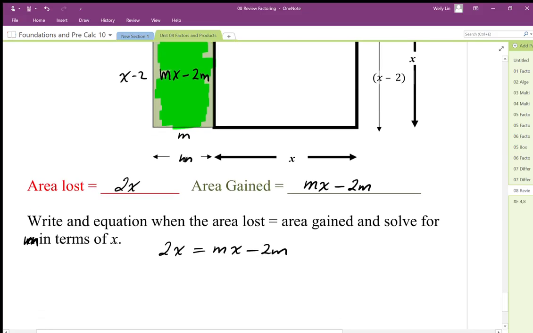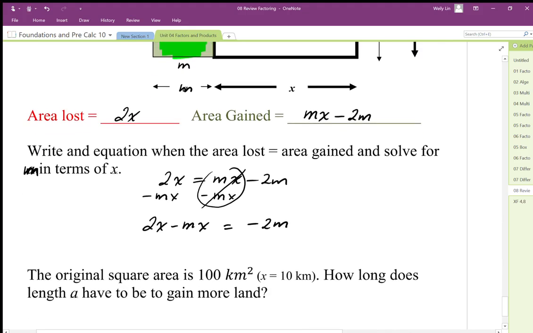This is a particularly hard problem because now we have variables, but we do know how to solve. To solve for x, we need to get x together. So I'm going to subtract mx from both sides. That's going to become a 0 pair. And I'm going to have just 2m left on this side.